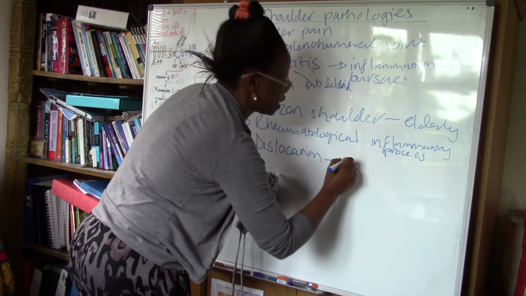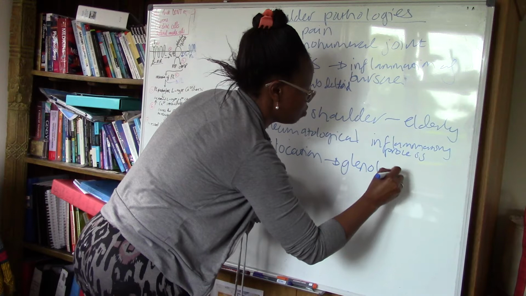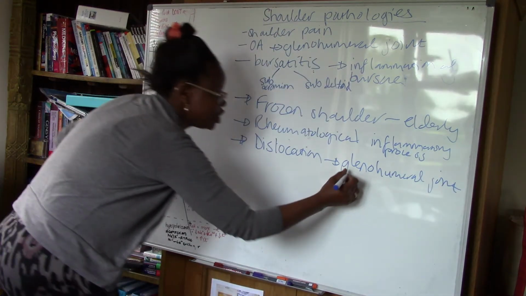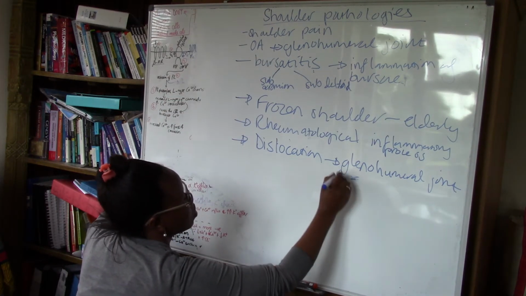mostly of the glenohumeral. Had I done? No, I hadn't. Glenohumeral joint, which is obviously a very shallow ball and socket.